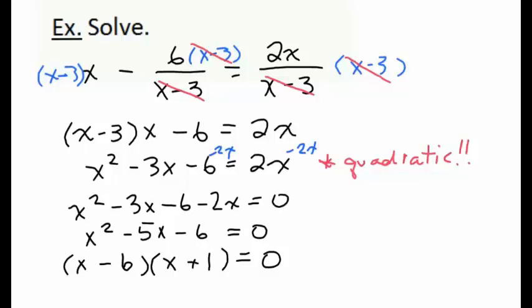Negative 6 times 1 equals negative 6. And negative 6 plus 1 equals negative 5. And it's from this last factored equation that we get our final answer of x is either equal to 6 or x is equal to negative 1.